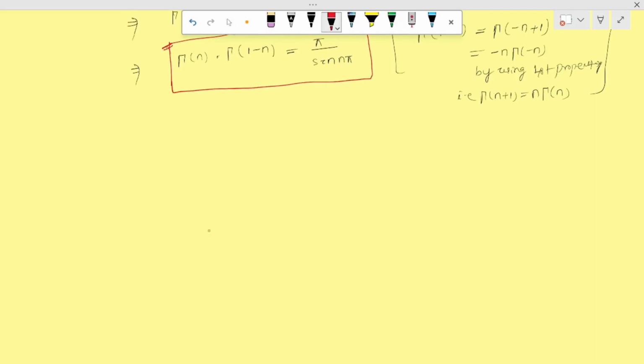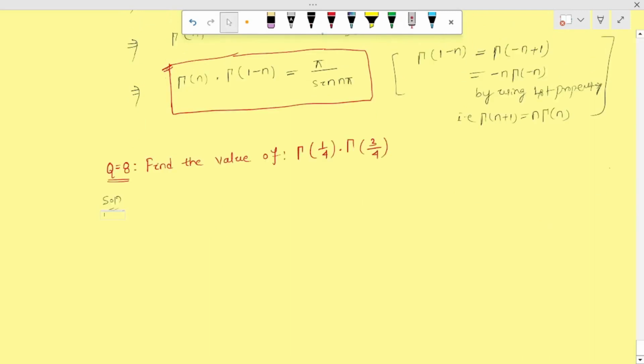Here question number 8 is: find the value of gamma 1 by 4 into gamma 3 by 4. This question will be solved by using this expression, gamma n into gamma 1 minus n equal to pi by sine n pi. Directly we have to write that we know that gamma n into gamma 1 minus n equal to pi by sine n pi.